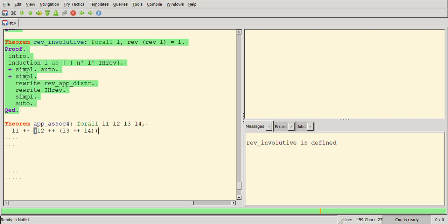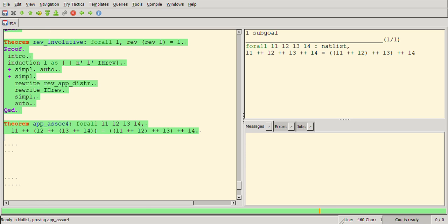So we have 2 levels of parentheses, and this is equal to L1 plus plus L2 plus plus L3 plus plus L4. The order of L1, L2, L3, L4 is the same, but the order of parentheses is different. Here the parentheses are on the right side, here the parentheses are on the left side, and that is what the associative property tells us.